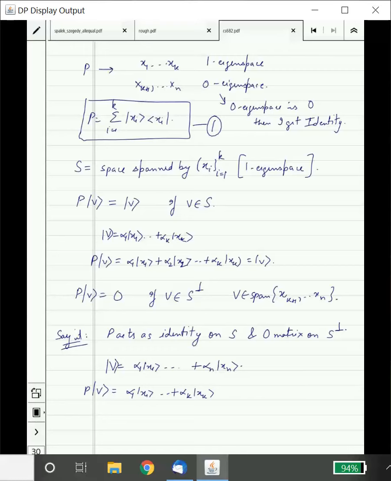So in English, I would say that P projects on the one eigenspace. And this is the reason why it is called a projector.